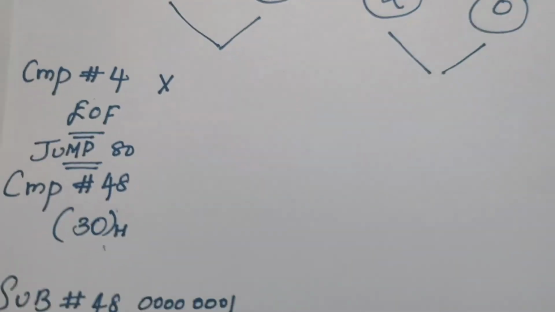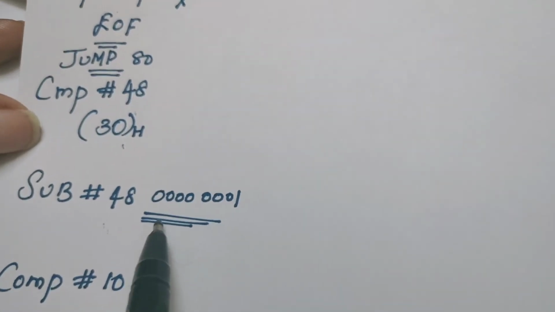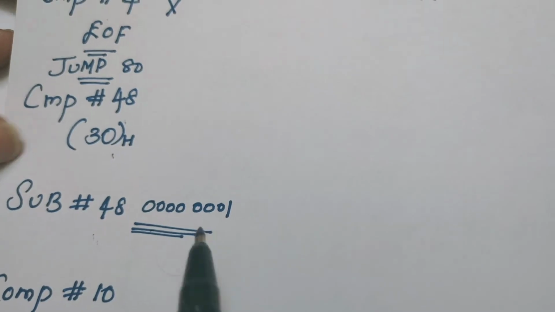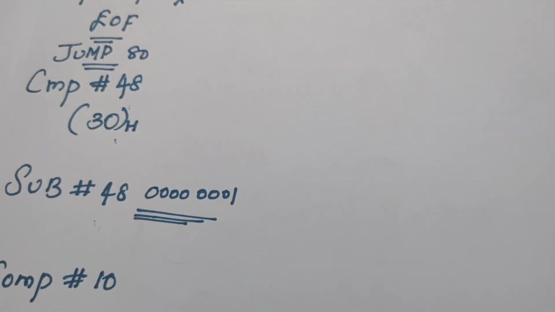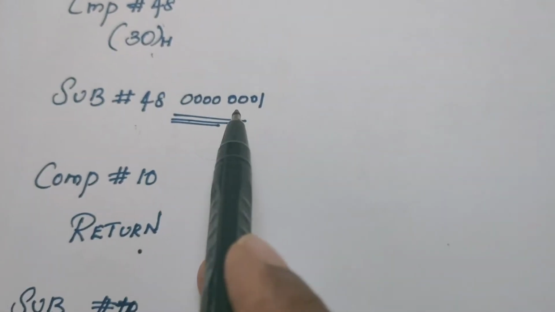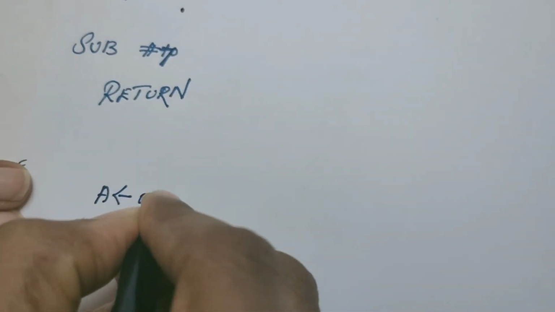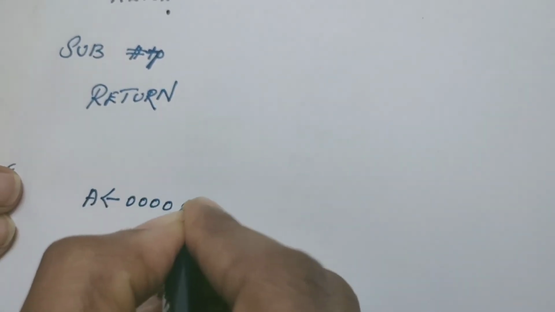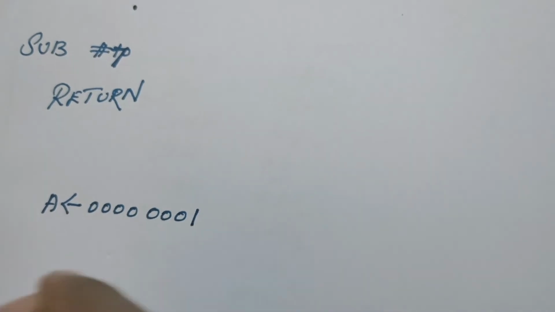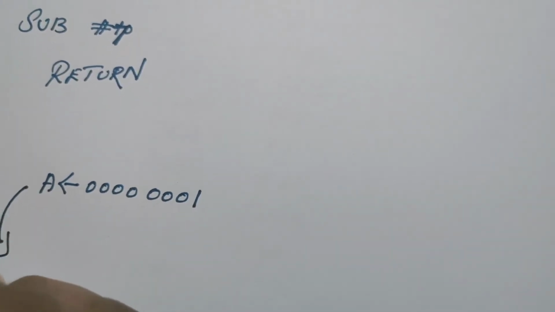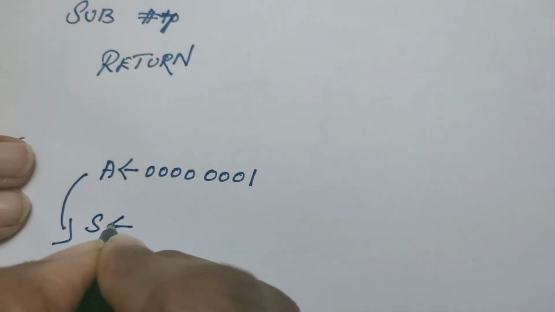Okay, now let's continue with the example. Now this is the value available in the accumulator. It is being compared with 10. Since the value is less than 10, it is returned to the main routine. So now the accumulator contains the value 0000001. Now from the accumulator, this value is moved to the S register.